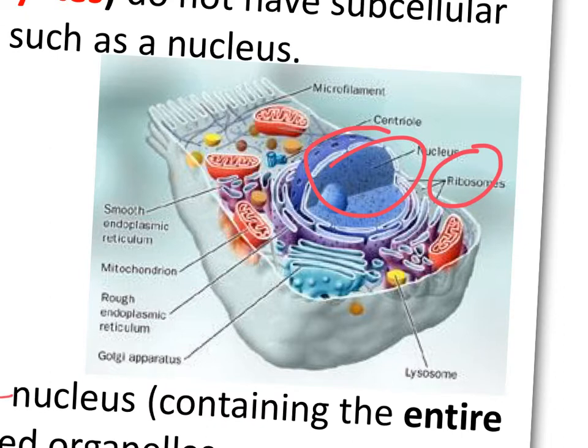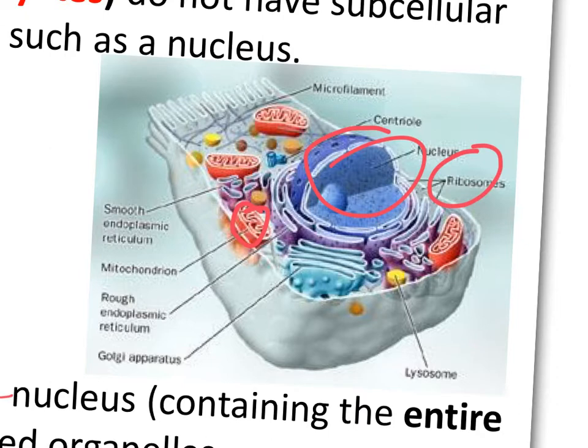And then there's also these things called mitochondria, and they are the powerhouses of the cells. That means glucose is used by them to turn glucose into energy that the cell can actually use.